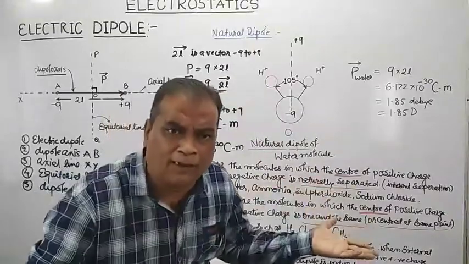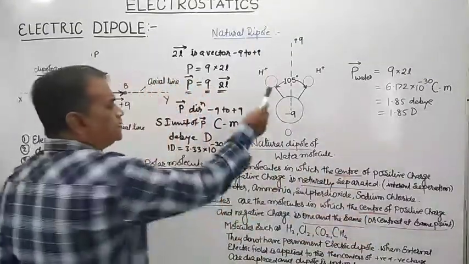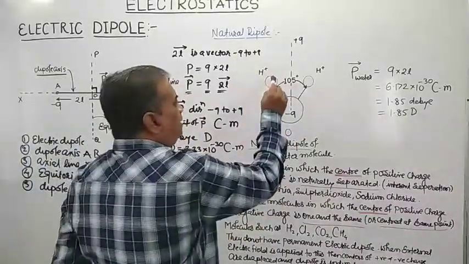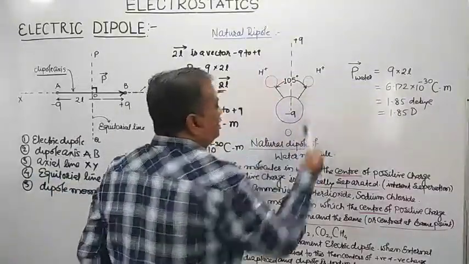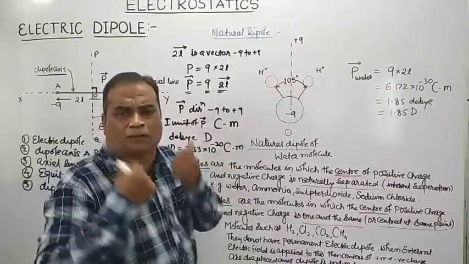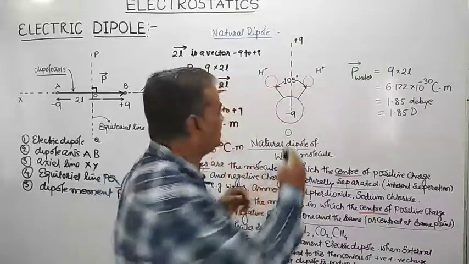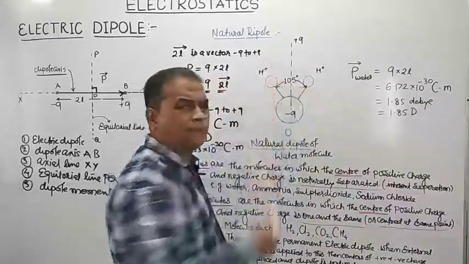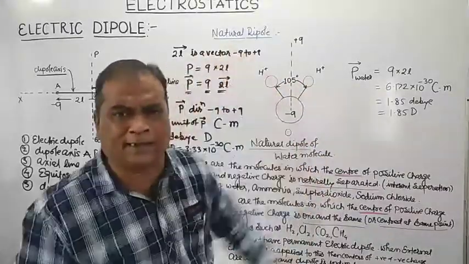See here, I had drawn a water molecule. This is oxygen, hydrogen, hydrogen. And this line represents the hydrogen-oxygen bond. The two hydrogen-oxygen bonds in a water molecule are inclined at an angle of 105 degrees.